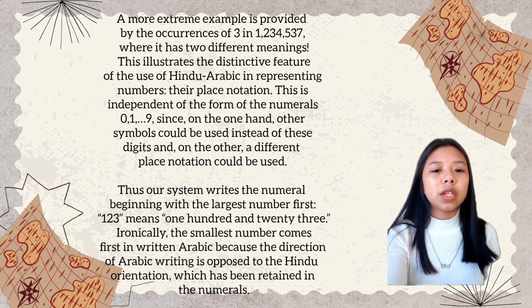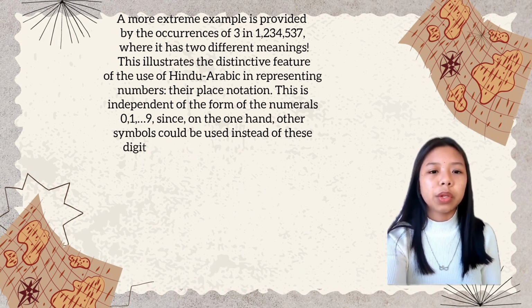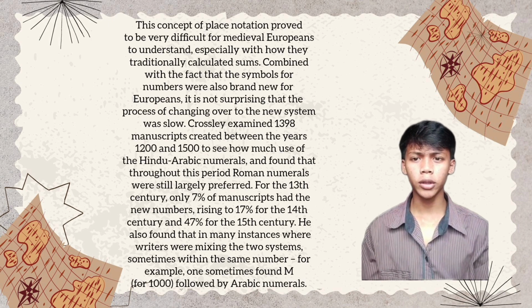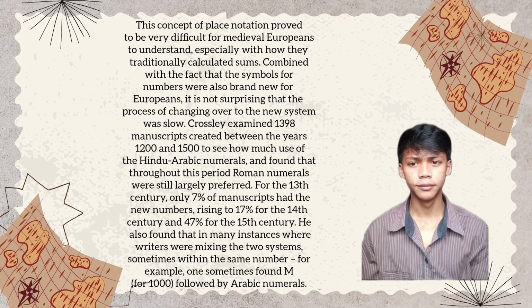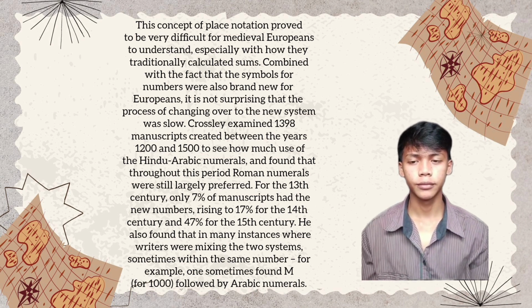Their place notation is independent of the form of numeral 0, 1, 2, 3, 4, 5, 6, 7, 8 and 9, since on the one hand, other symbols could be used instead of these digits, and on the other, a different place notation would be used. This concept of place notation proved to be very difficult for medieval Europeans to understand, especially with how they traditionally calculated sums.